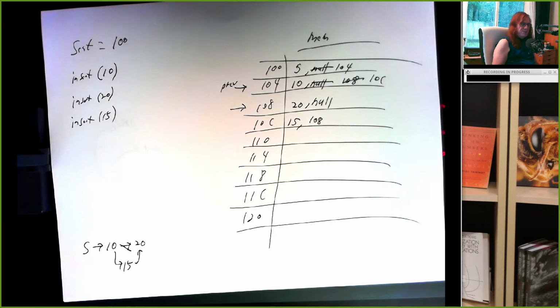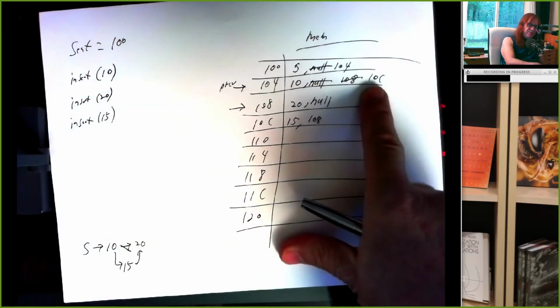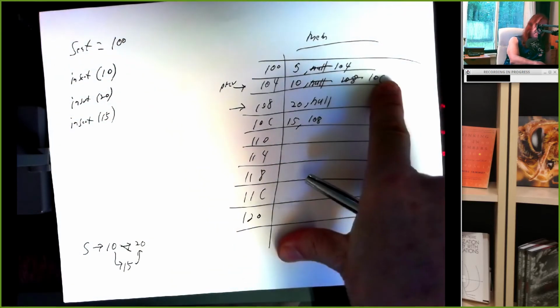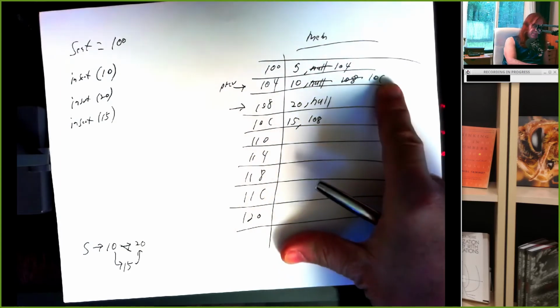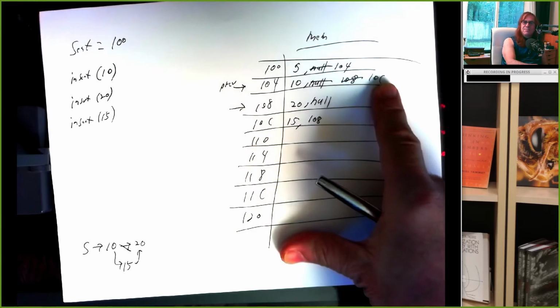So when we want to insert a number, we're going to call the malloc function, and malloc will give us some location in memory to use, like 110 or 114. And we're going to store that location in the previous node's information. So the previous node is going to remember where we inserted the node that comes after it.